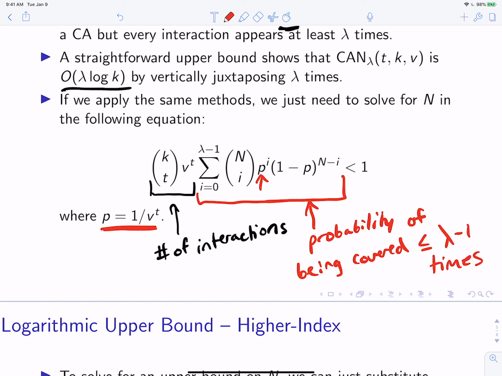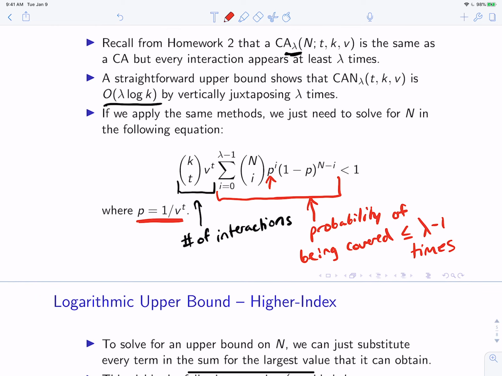It's the binomial distribution here. So you'll see this all the time if you look up binomial distribution: n choose i times p to the i times 1 minus p to the n minus i. It's the probability of lambda minus 1 or fewer successes in n trials. It's the same thing here.